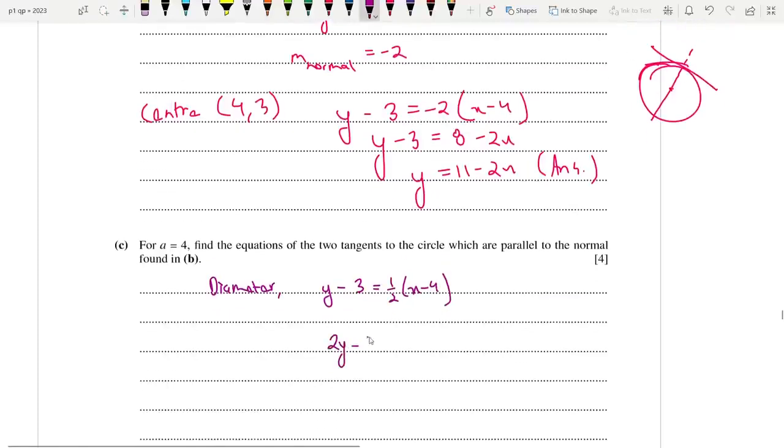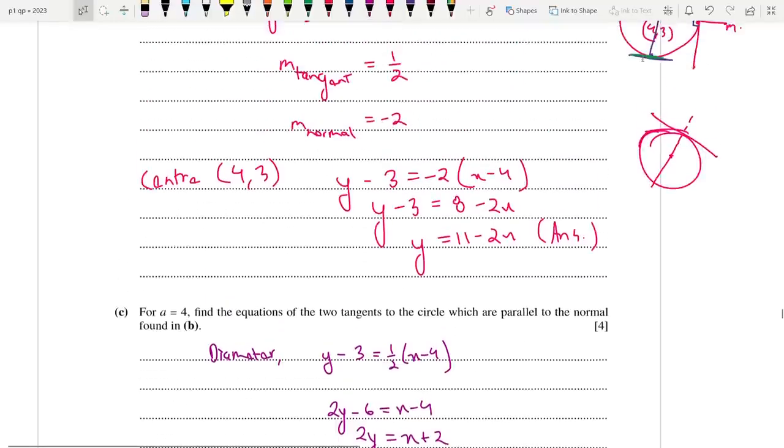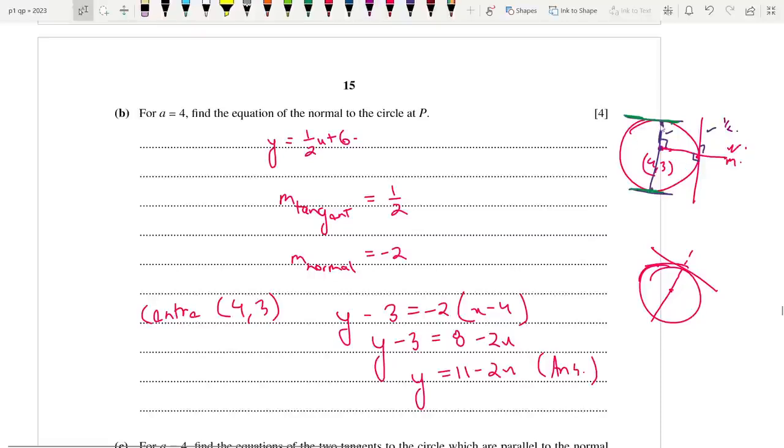So we end up with 2y minus 6 equals x minus 4, or 2y equals x plus 2, and ultimately y equals (x plus 2) by 2, or you could write it as y equals half x plus 1.